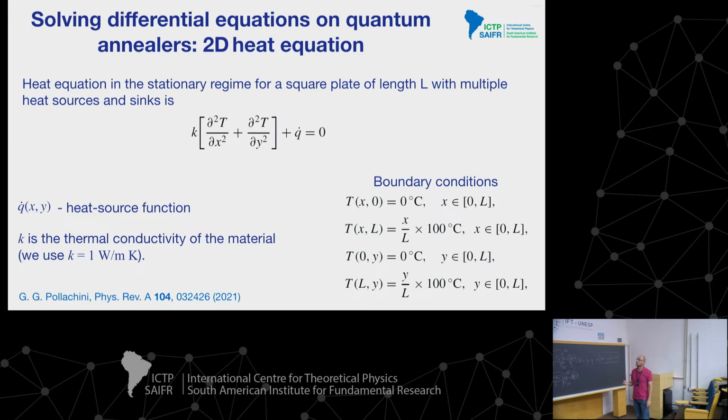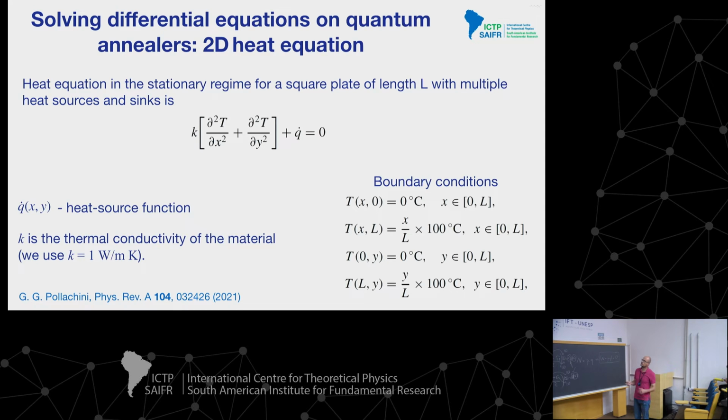The goal here is to solve the heat equation in two dimensions, right? Here we have the heat source, Q dot, and K is the thermal conductivity. This is the heat equation in the stationary regime, so time doesn't matter. Here we are not worried about time.